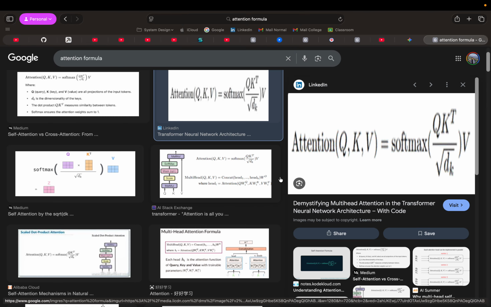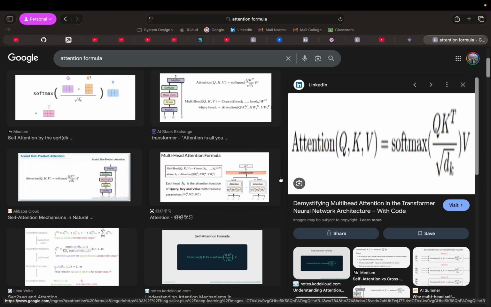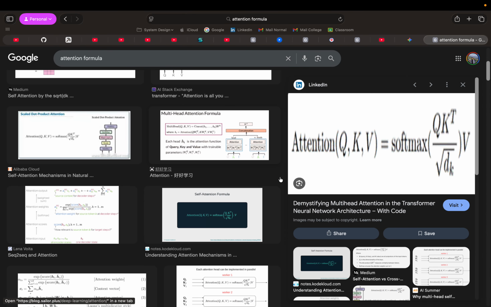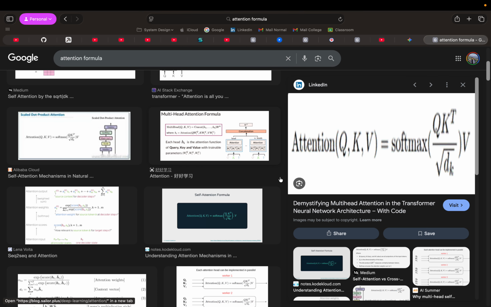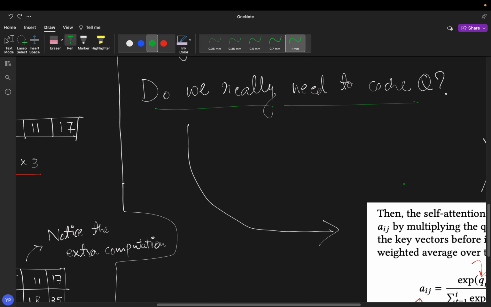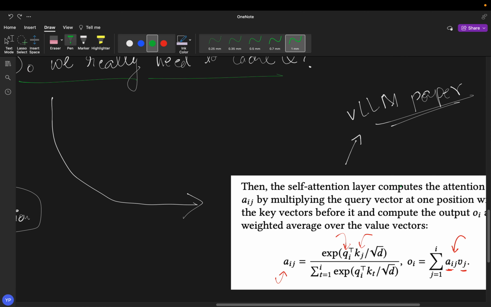But then I ask you, why do we need to cache Q if we are doing auto-regressive decoding, right? What does auto-regressive decoding mean? It means we are generating tokens in sequence one by one. We have a set of tokens 1, 2, 3, 4, and in order to generate the next token, we push this whole thing into the LLM.